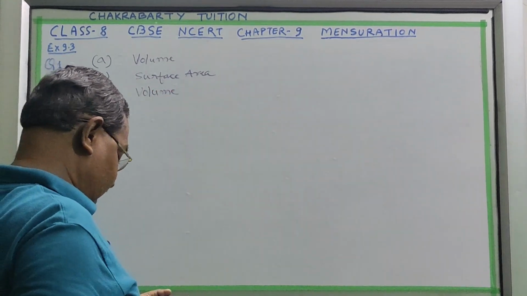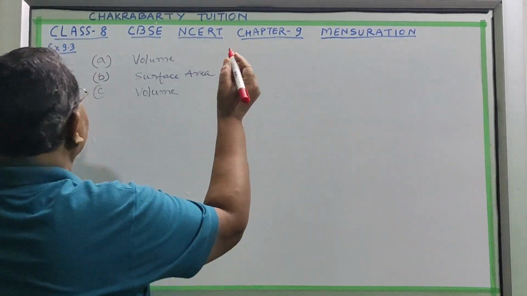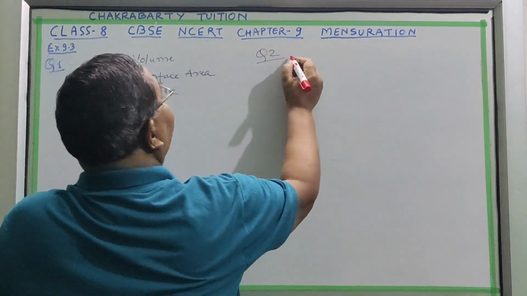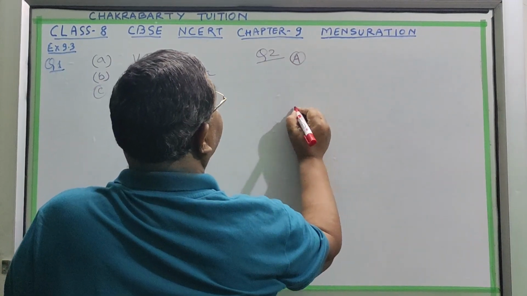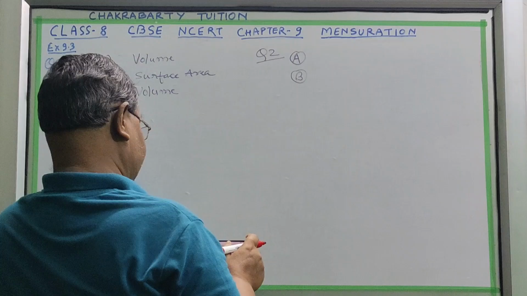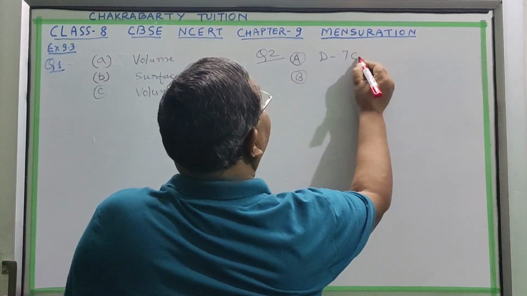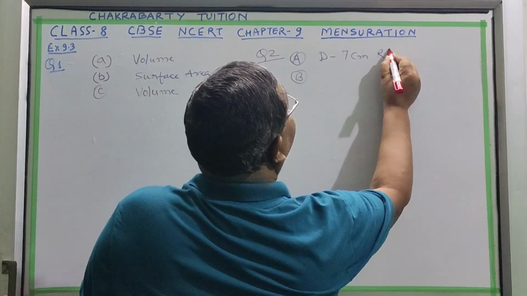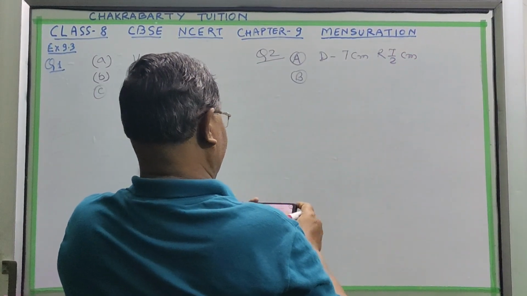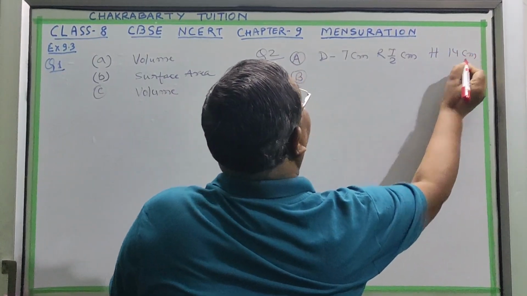Now question number 2. Here they have given 2 options. One cylinder has diameter 7 centimeter, so the radius will be 7 by 2 centimeter, and the height is 14 centimeter.